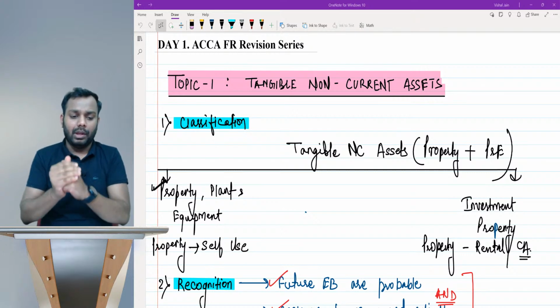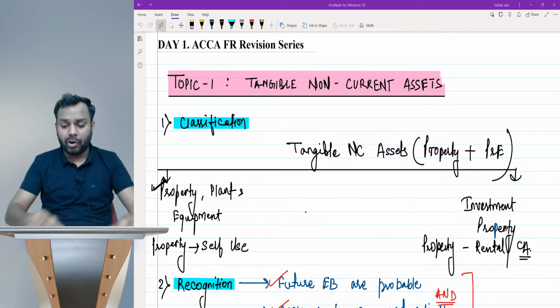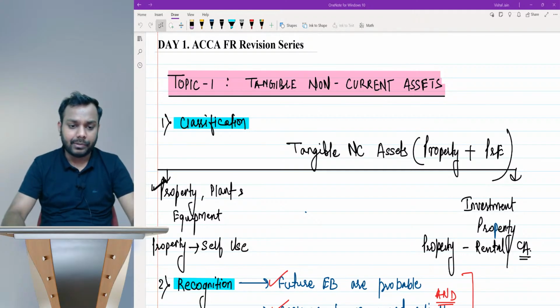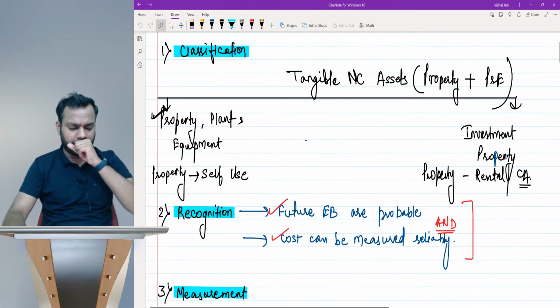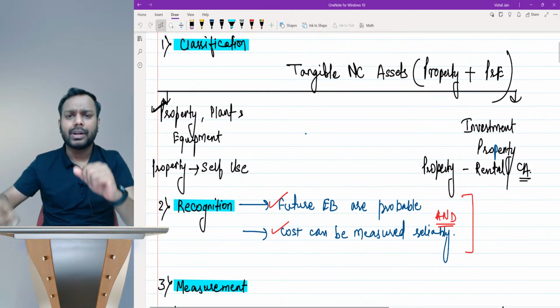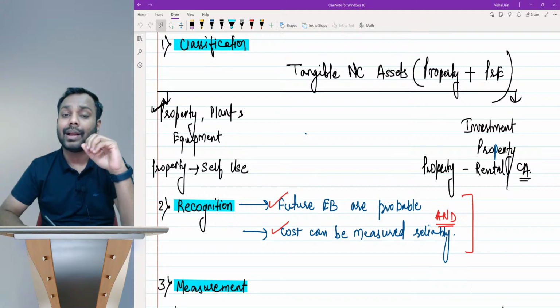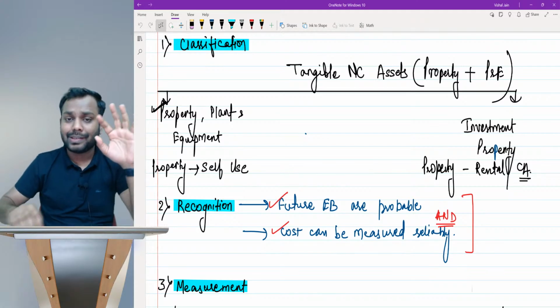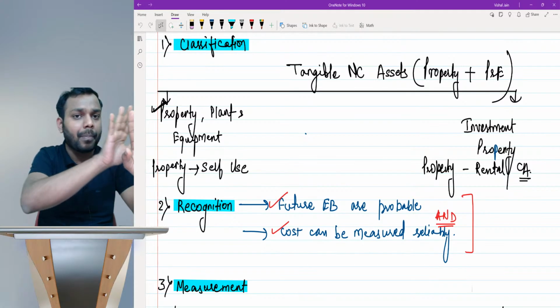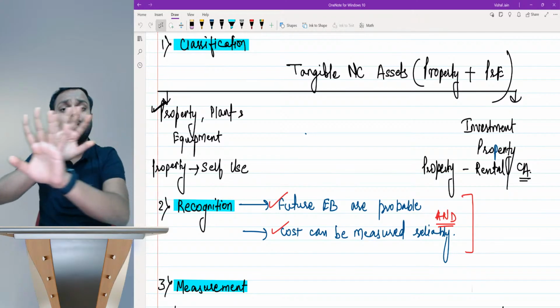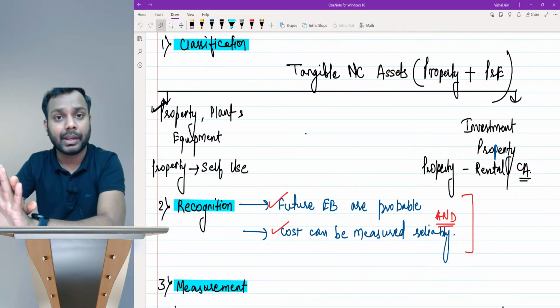Okay, now moving on to the next topic, that is recognition. In recognition, guys, you have to understand that in point number 1 we studied classification, that is whether this asset qualifies to be a property, plant, equipment, or an investment property.